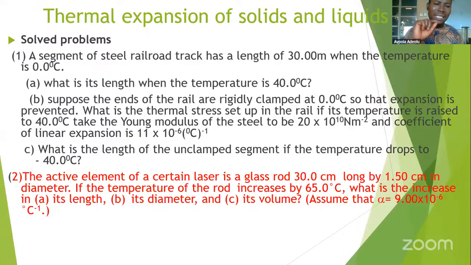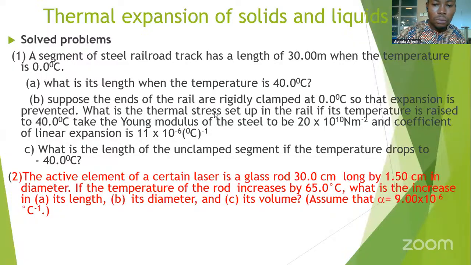The way to get it is to calculate it. If you allow expansion, you can calculate the thermal tensile strain. The tensile strain that we get if you allow expansion is the same thing as the thermal stress the rod will pass through if we do not allow expansion.